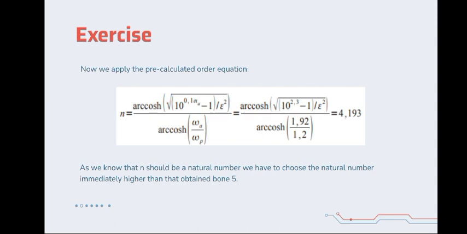And now if we apply the filter order equation, we just replace and calculate, and we get 4.90, but as we know the order of the filter must be a natural number, so it is rounded to 5.